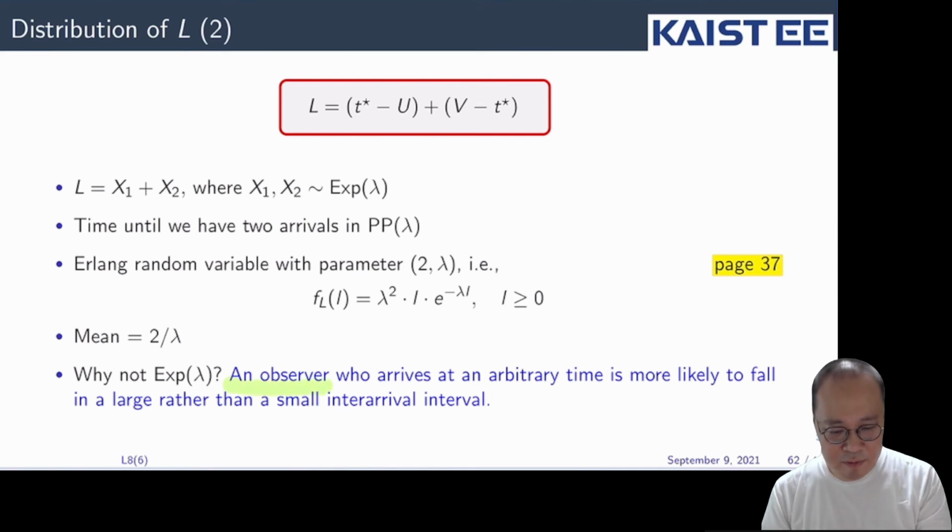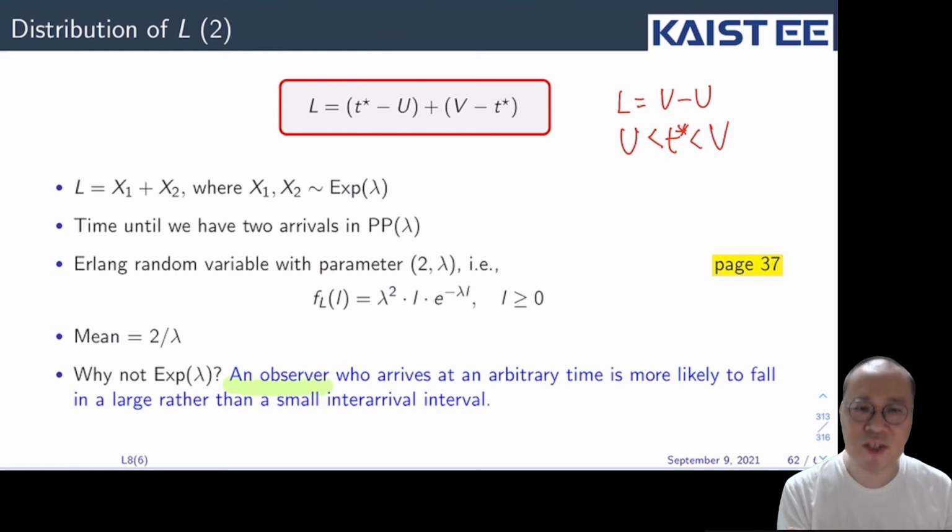An observer, so what is the question? L is v minus u, but we have an additional condition that t star should be placed between u and v. And what is t star? T star is the time that the observer looks at the system.